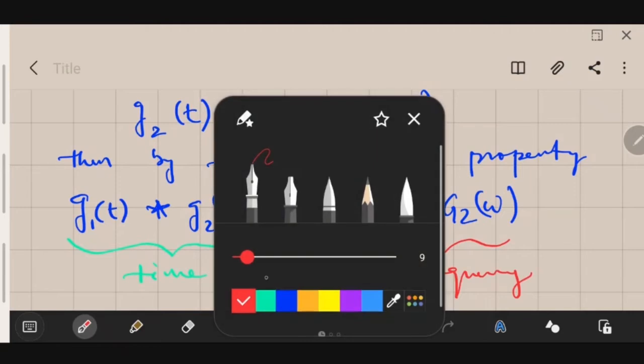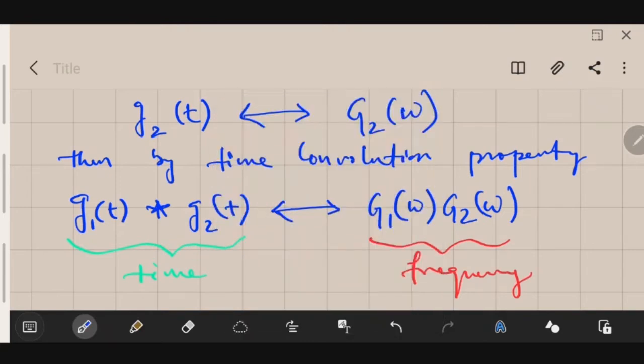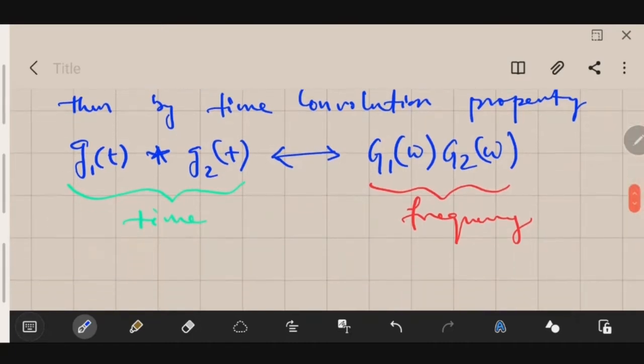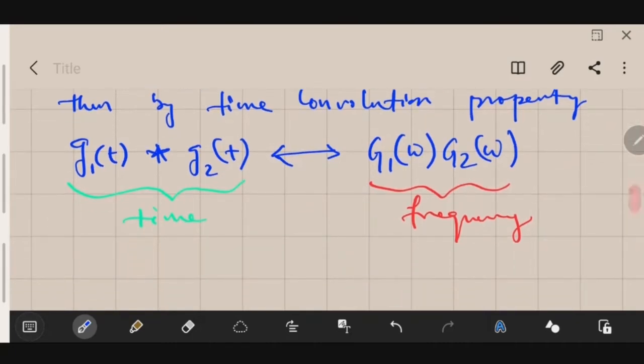So this kind of result actually has a lot of implications. Can you think of any implications or any use of this property? Any idea you could suggest? I have already told that g1 of t is basically one input signal, and g2 of t in this case might be the impulse response of a system, and we are trying to find the output of the system.